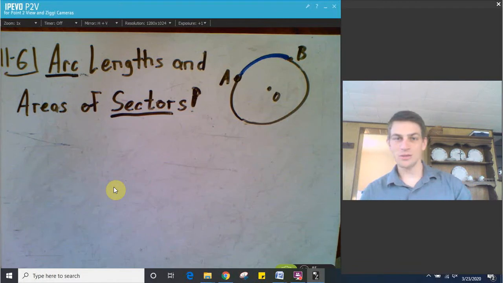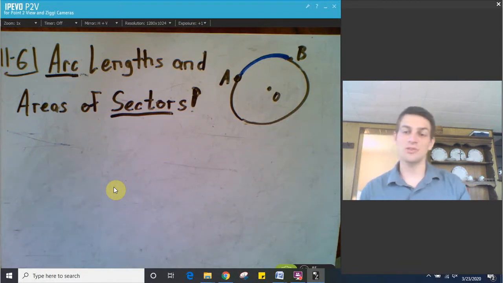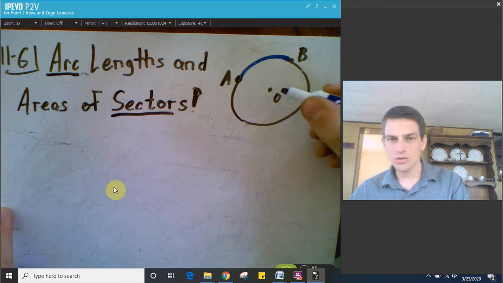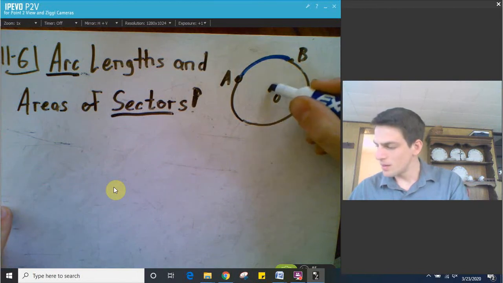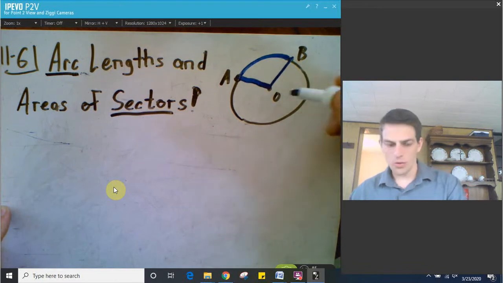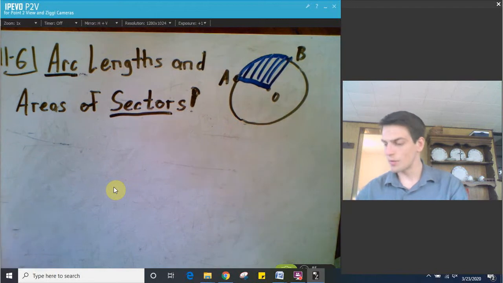The more geometrical definition is that it's the region of a circle bounded by two radii. So in this circle here, let's say I draw a radius OB, because O is the center, and OA. Then this whole region here, this AOB region, is going to be a sector. It's going to be sector AOB.